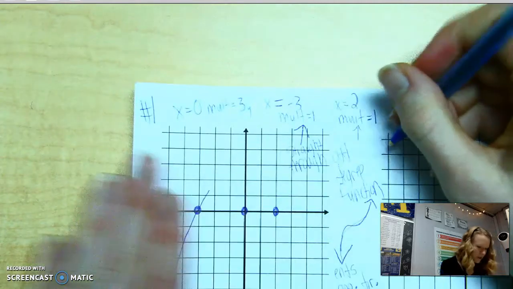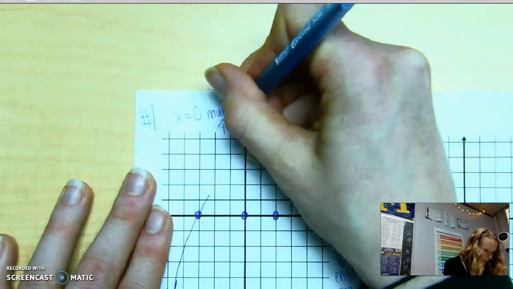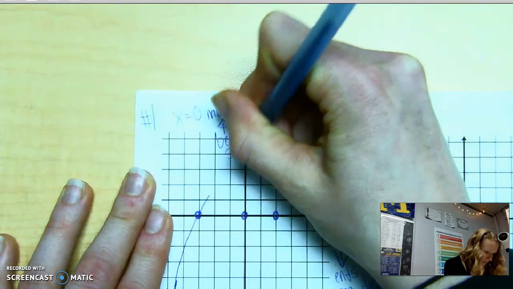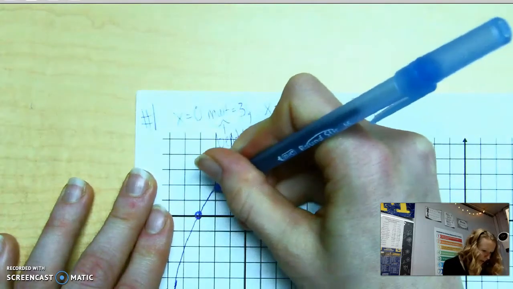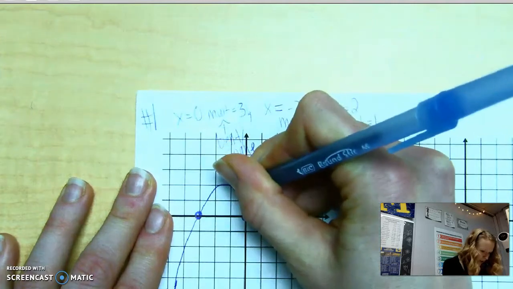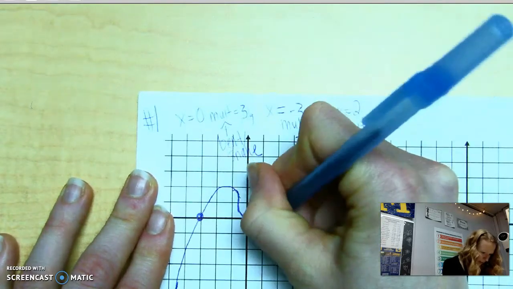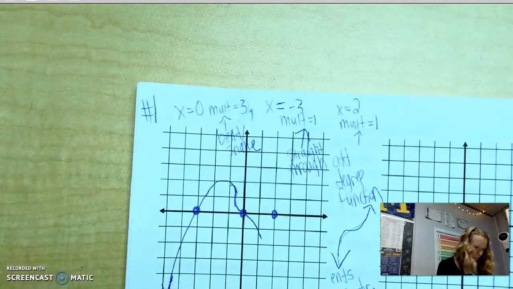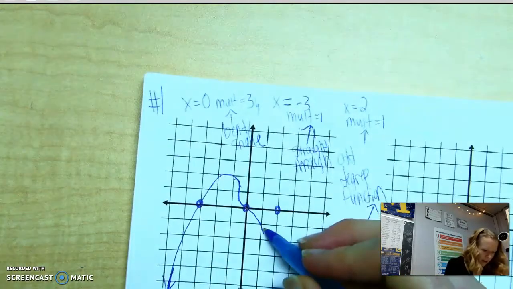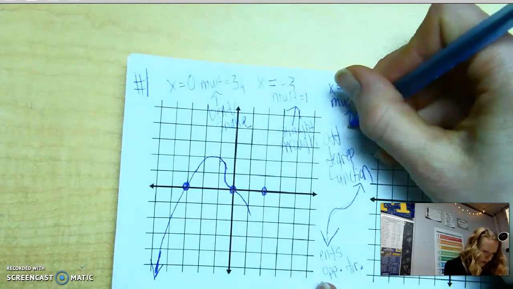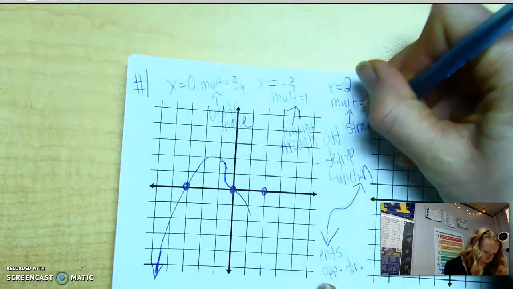If we have a multiplicity of 3, that means it's going to do a bend or a snake through that point. So somehow we need to come back to the 0, and we're going to do a little snake through it, right? So you see how I'm kind of building a snake. And then somehow I need to come back up to this x is equal to 2, and I need to go straight through because its multiplicity is 1.